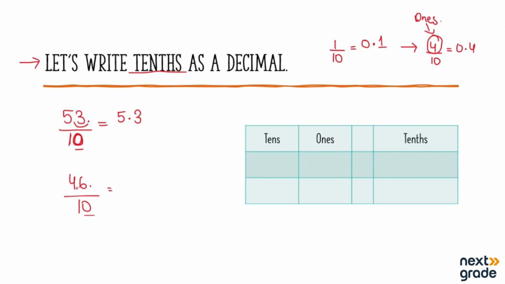Always, the decimal is present on the right side. So if we are going to convert the 46 number into a decimal number, I'm going to put this decimal one step to the left, and we are going to write it as 4.6.